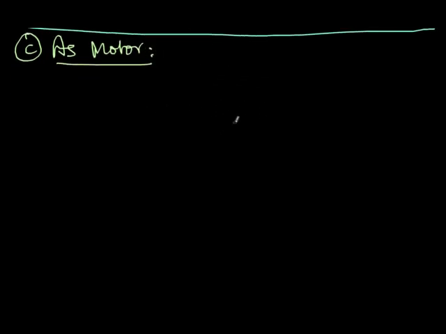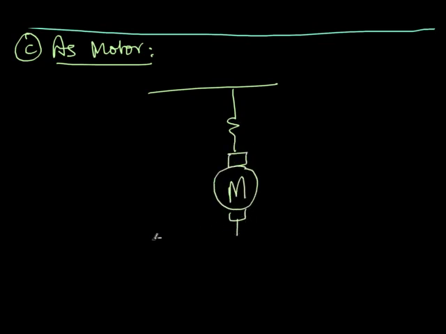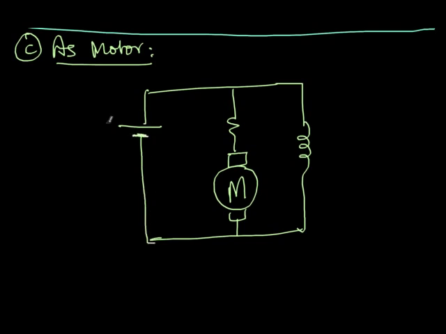So let's draw the diagram of the motor. This is a shunt machine. Now if I keep M, it is a motor. Now the motor will have electrical input. So there is a voltage source here, and this is 250 volts because rated voltage is already mentioned. And this time the input power is 10 kilowatts.